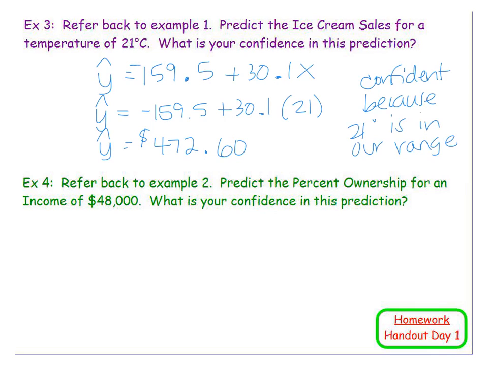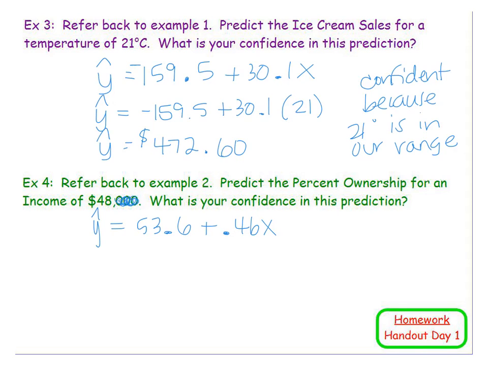So let's look at the other example. So now we're referring back to example 2's equation, and that equation was y hat equals 53.6 plus 0.46x. And so this time we want to predict the percent ownership for an income of 48,000. And if you remember, we knocked those zeros off when we put them in the calculator.